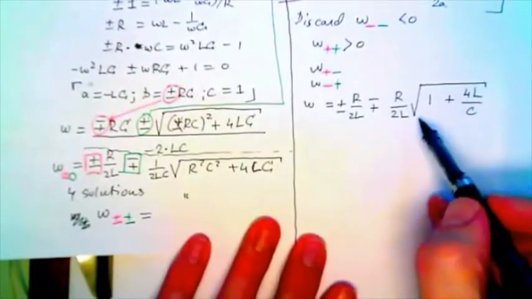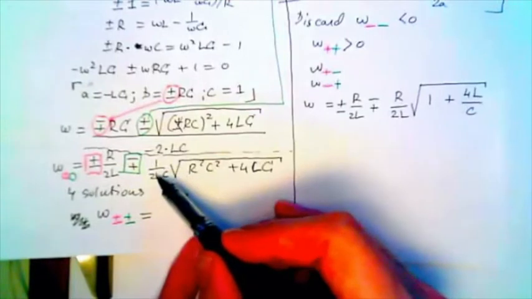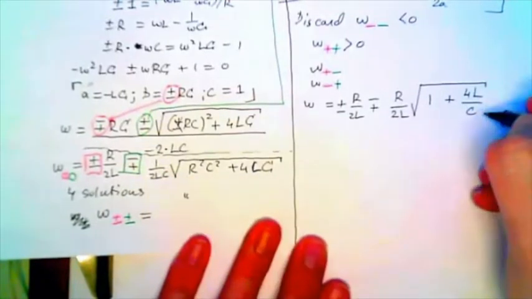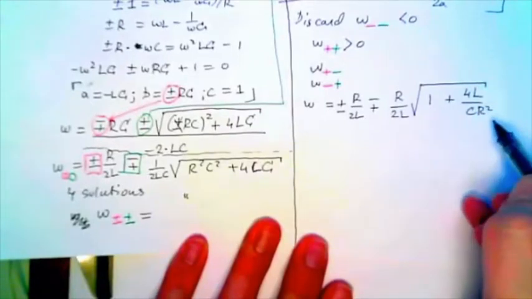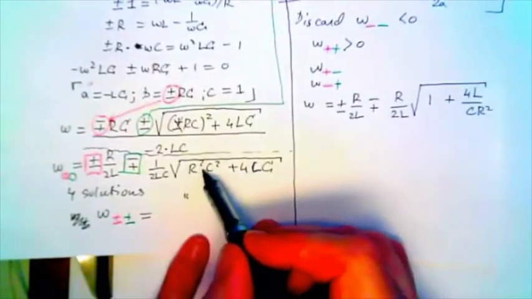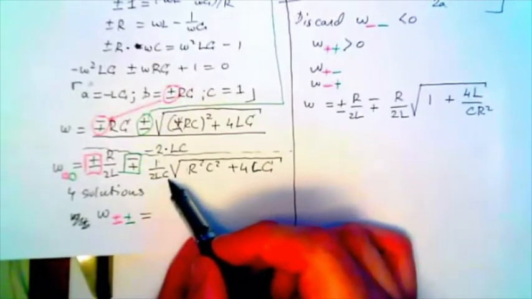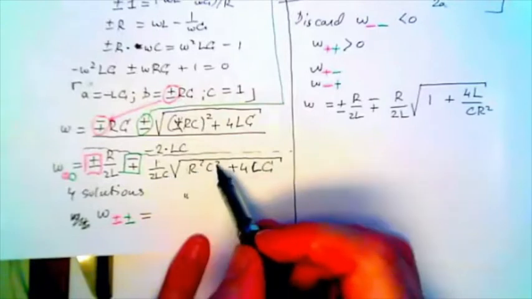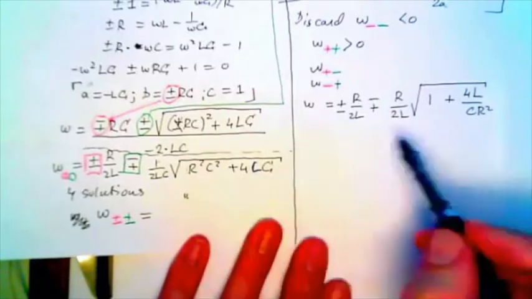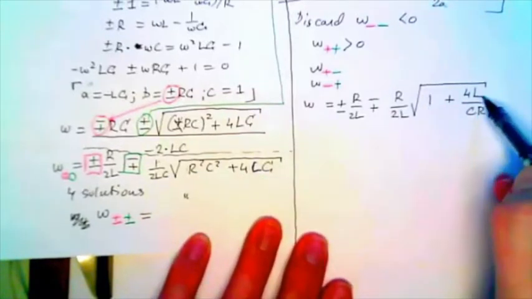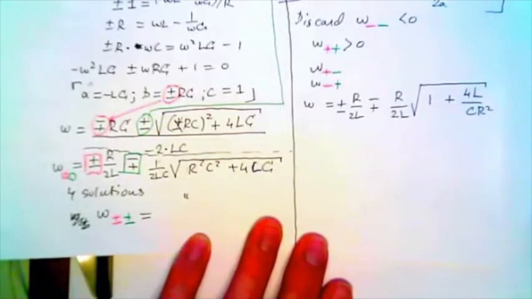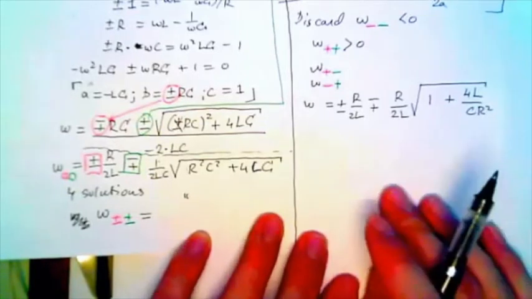All right, so one more time. I pulled the r squared out here, and that means I need to put an r here. I put the r squared, pulled it out here, brought it in front. So now this term looks like r over 2l, but I still have the c here. And then I brought the 1 over c in. So now I have left here a 1 and the 4l over c r squared. I believe I did that right.